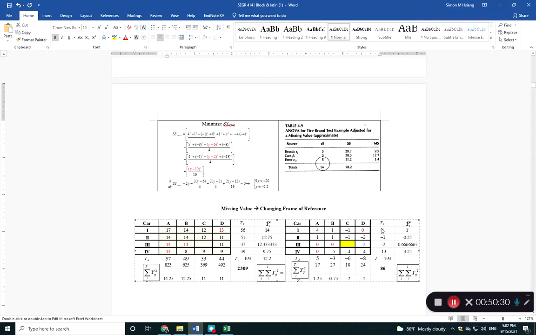And then, of course, on this side, I'll play the same tricks. I have a 4, negative 1, negative 2, plus the missing value y. So it's 2, negative 2 plus the missing value y squared. And then finally, negative 13 squared. That will be my car sum of square. So far, so good? And then finally, I have the total, negative 12, but with one missing value y.